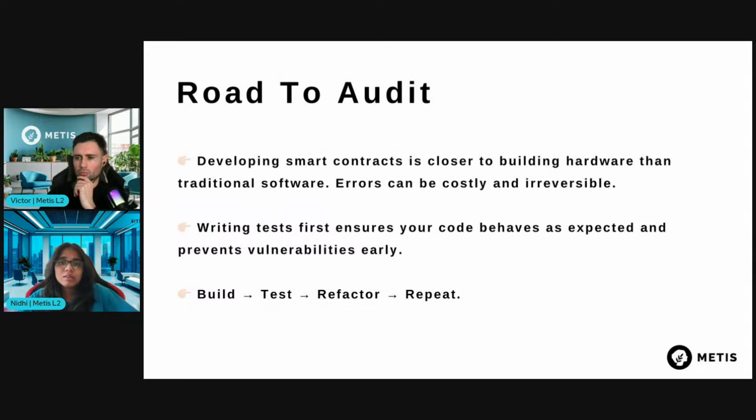It ensures your code behaves exactly as expected, and it really helps to catch vulnerabilities early on, before they become bigger problems. It's kind of like having a safety net as you are building. So build, test, and if you feel we need to change anything in the code, refactor and repeat. As simple as that.